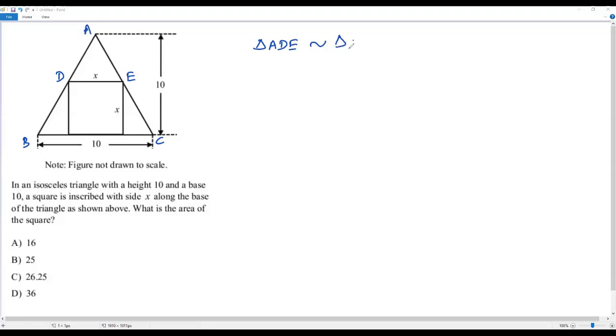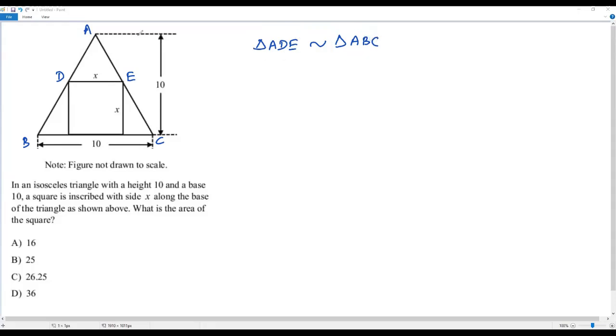Since ABC is an isosceles triangle with AB and AC equal, the smaller triangle ADE also must be an isosceles triangle with AD and AE equal, because these two triangles are similar.